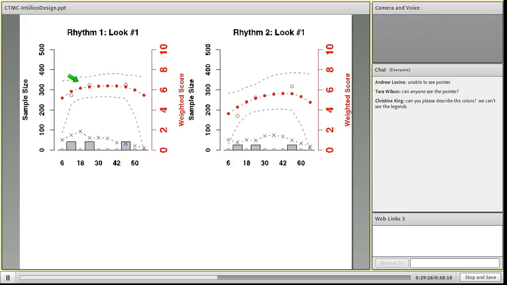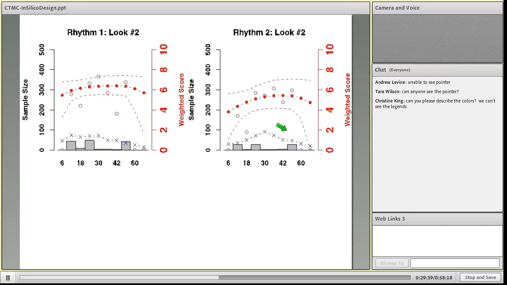So based on this, we're really very interested in the elbow. So we'd like more patients in this one on this rhythm type and a little bit longer duration in the second rhythm type because that looks like it's increasing throughout the whole range.